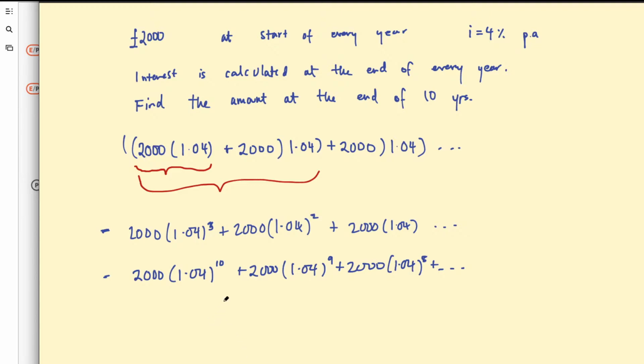Yes, so that's the compound interest formula for just one amount invested at the start. This question is £2,000 invested at the start of every year of the 10 years.